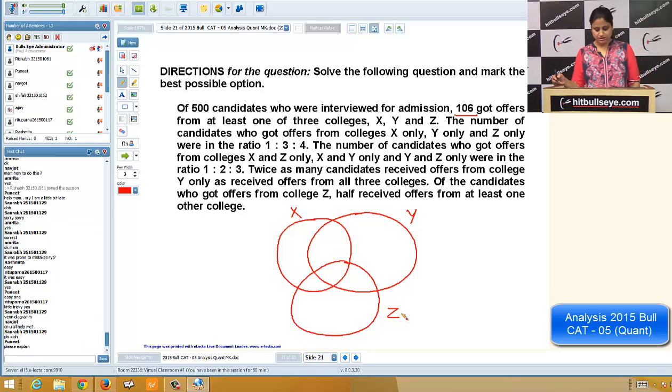So, the number of candidates who got offers from college X only, Y only, and Z only, the ratio given is 1:3:4.